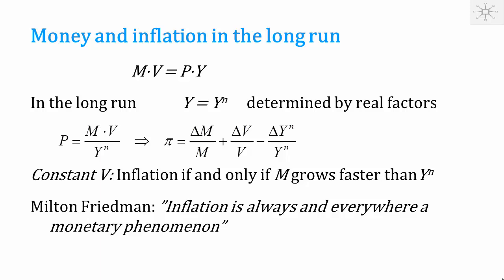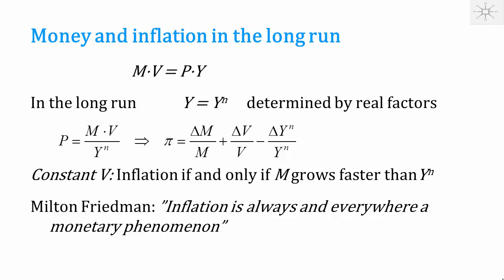And this is then the theory of inflation, where you have production being determined from the real side of the economy, velocity, we take it as given, say that depends on transactions, technology, and so on, and the money supply is determined by the central bank. So this is a theory of inflation in the long run.